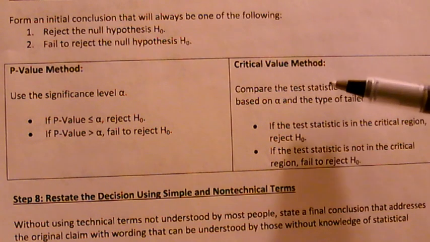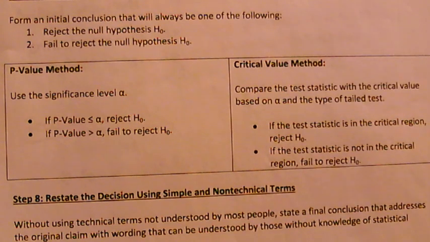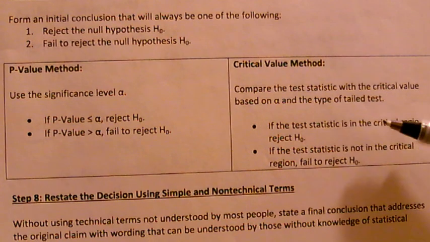And then for the critical value method, you'll compare your test statistic with your critical value based on alpha and the type of test that you have, whether it's a left tail, right tail, or two-tail test. If that test statistic is in the critical region or the shaded critical region, you reject the null. Or if the test statistic is not in that critical region, you're going to fail to reject the null hypothesis.